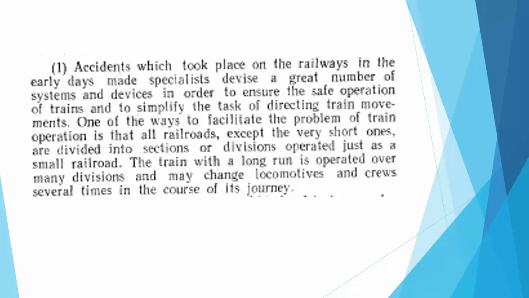One of the ways to facilitate the problem of train operation is that all railroads, except the very short ones, are divided into sections or divisions operated just a small railroad. The train with a long run is operated over many divisions and may change locomotives and crews several times in the course of its journey.